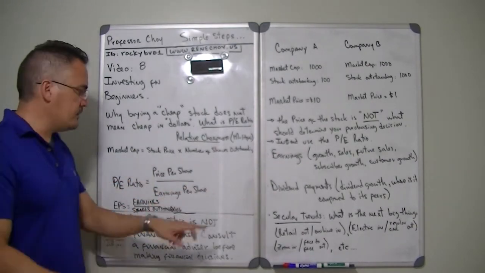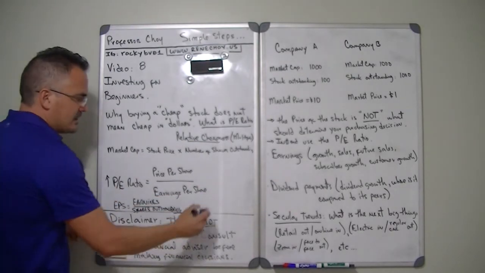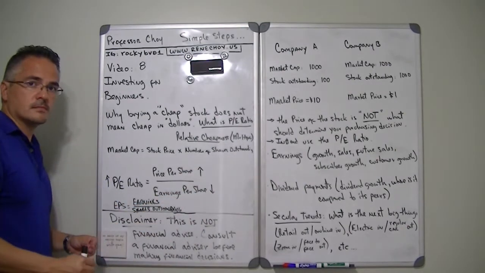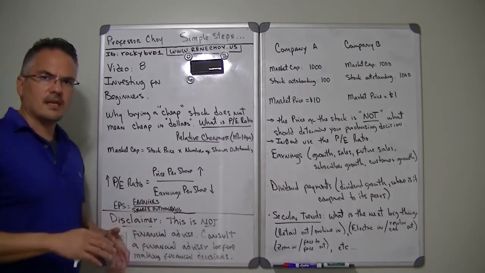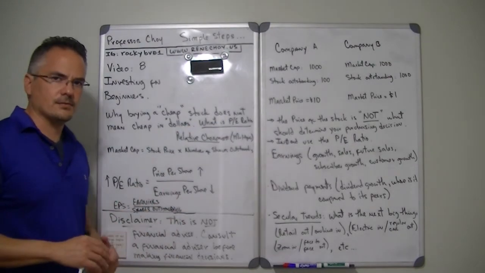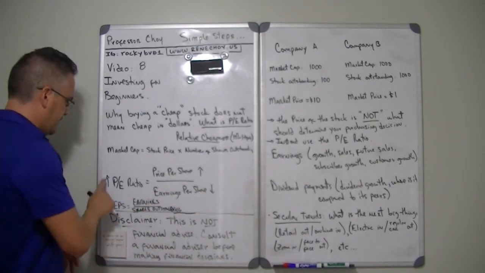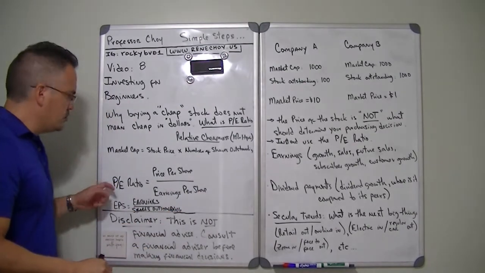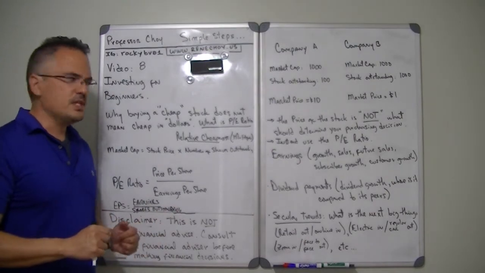A high PE ratio usually means that the earnings are lower compared to the price of the share. So a low PE ratio usually means that a company is being undervalued. In other words, they're not paying the correct price for this company. And of course, usually when you're comparing PEs, you do it within the same industry. So a sort of relative PE.